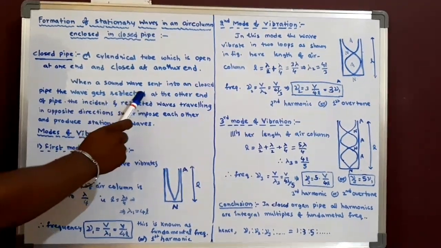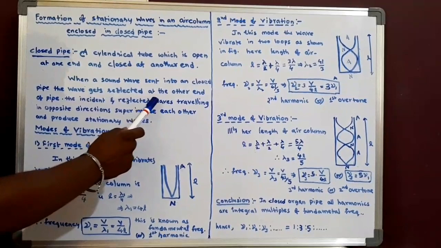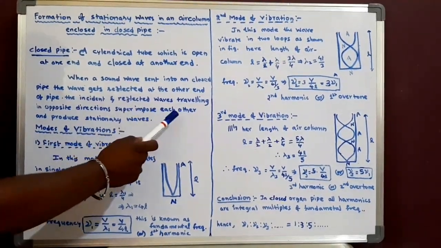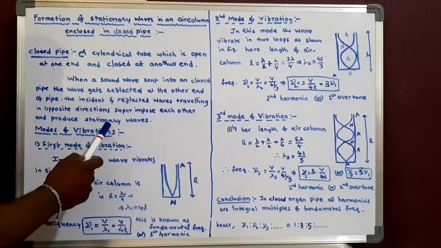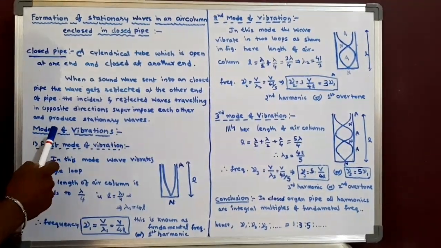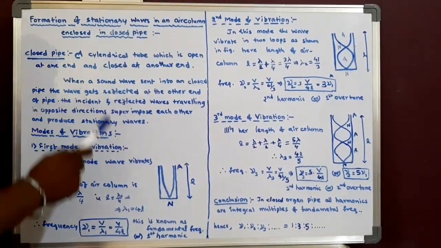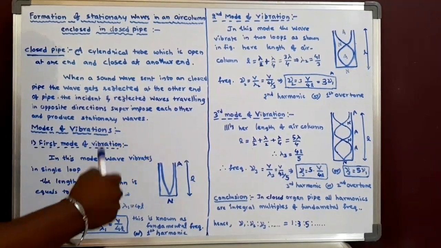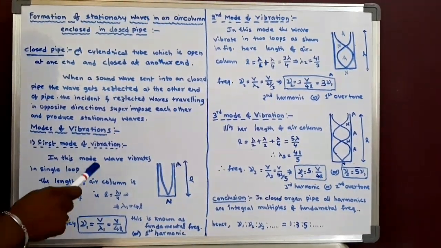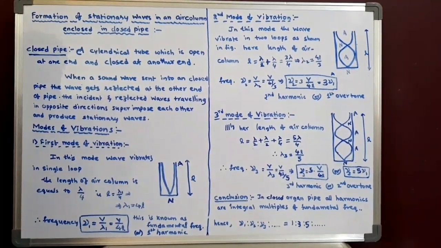When sound waves are sent into the closed pipe, the wave gets reflected at the other end, and the incident and reflected waves traveling in opposite directions are superimposed on each other and produce stationary waves. The definition and the modes of vibration are the same in this long answer question, but the difference occurs in finding the frequency of the different modes of vibration.